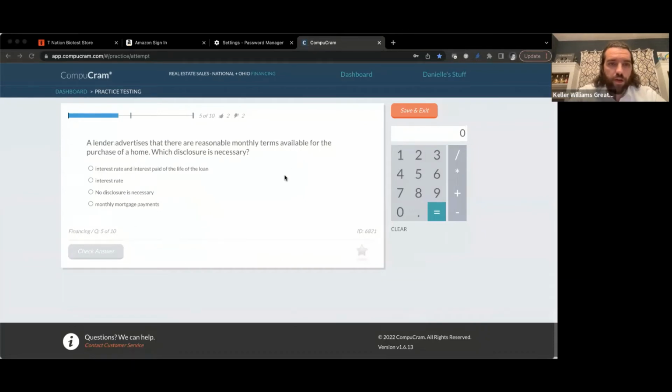Question number 5, a lender advertises that there are reasonable monthly terms for the purchase of a home. Which disclosure is necessary? A, the interest rate and the interest paid over the life of the loan. B, the interest rate. C, no disclosure is necessary. Or D, the monthly mortgage payments.